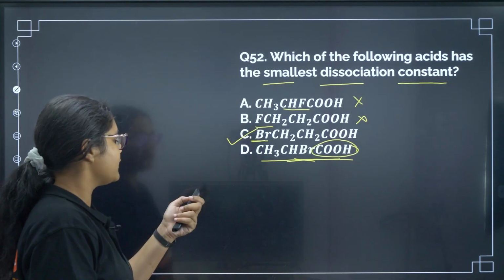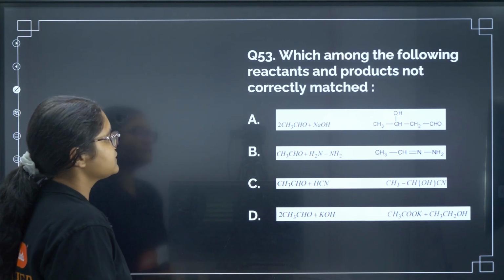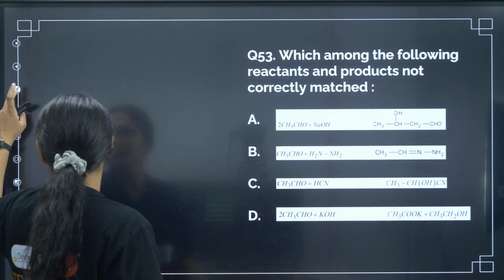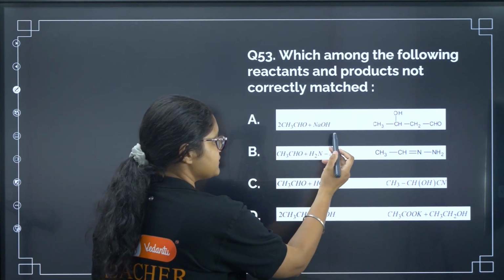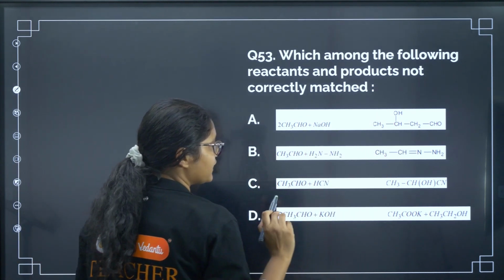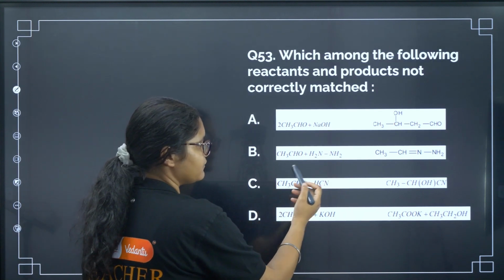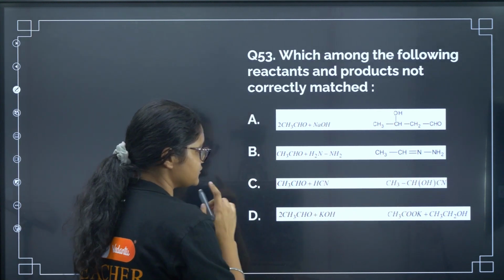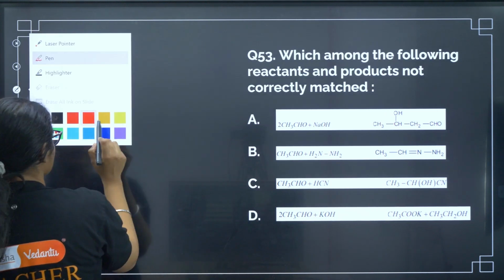Okay. Now let us see the next question. Which among the following reactants and products are not correctly matched? Okay, let us see this one. Here we have CH3CHO with NaOH. This is your aldol condensation, you can see. So the product is correct. Here we have ammonia derivative nucleophilic addition. This product is also correct. Here it is formation of cyanohydrin. This product is also correct.